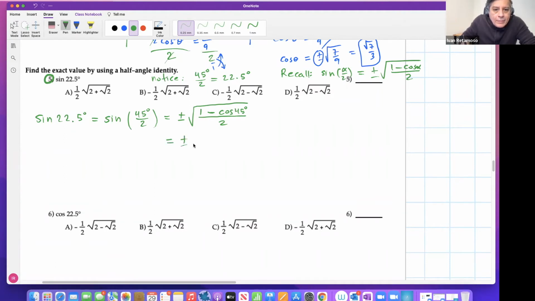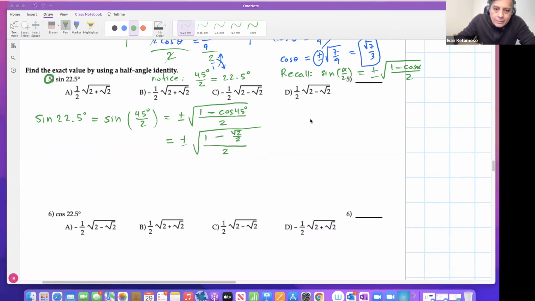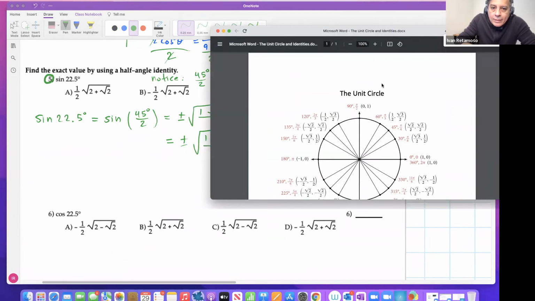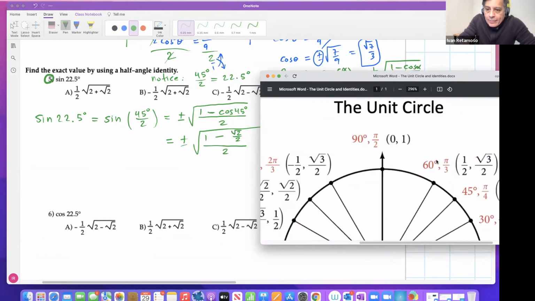And to work it out, remember, you have to do a lot of algebra here. Cosine of 45 degrees, what is that? Cosine of 45 degrees is square root of 2 over 2, right? I have memorized this result because I'm using it a lot, but in case you need to confirm, remember the unit circle has that information. 45 degrees is here, right?